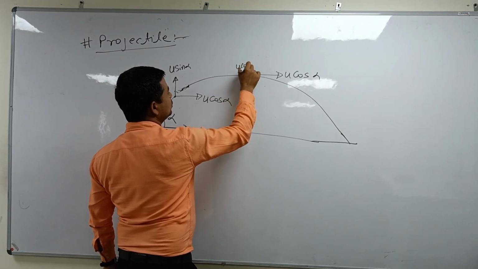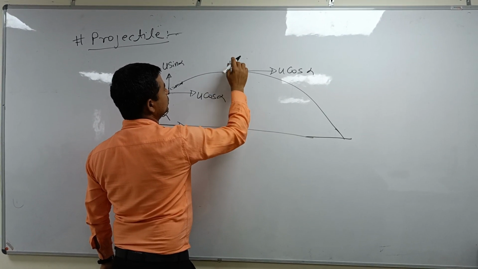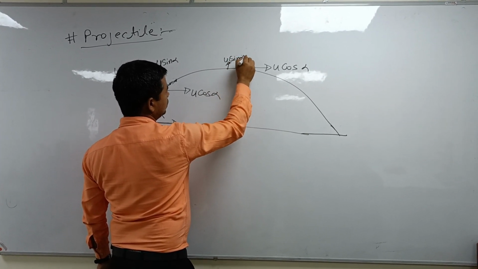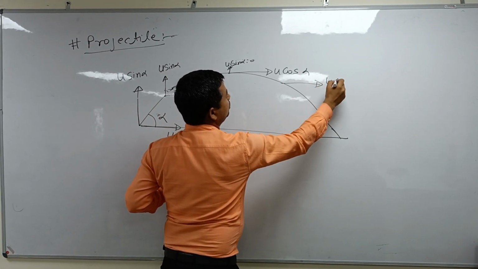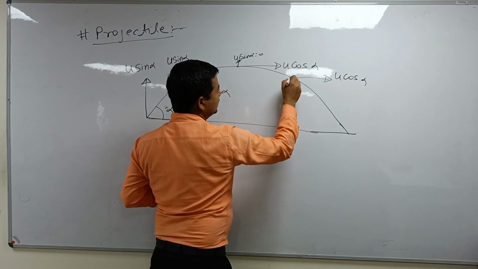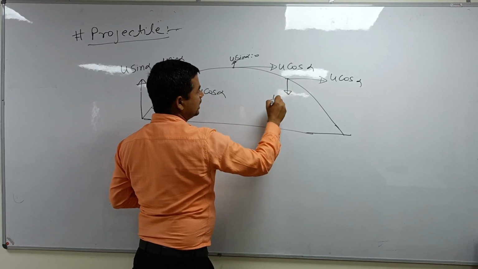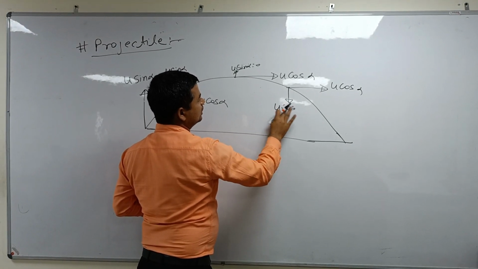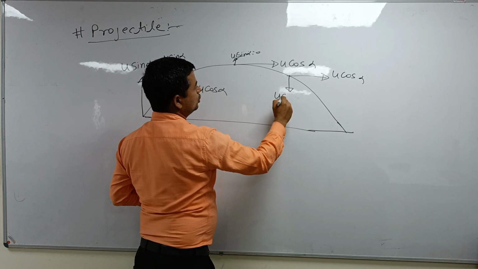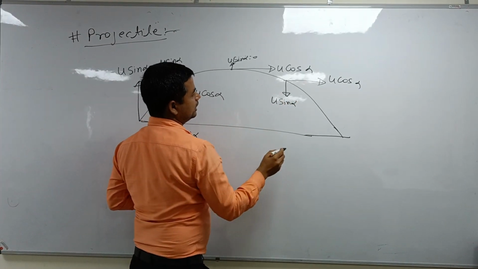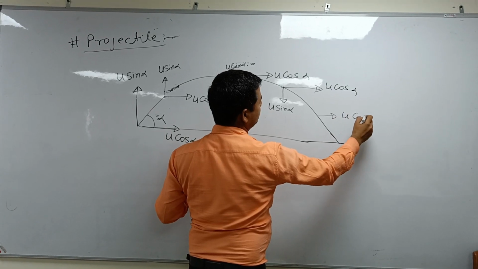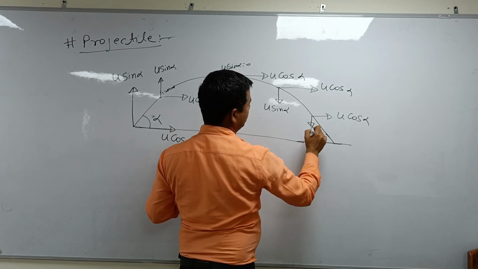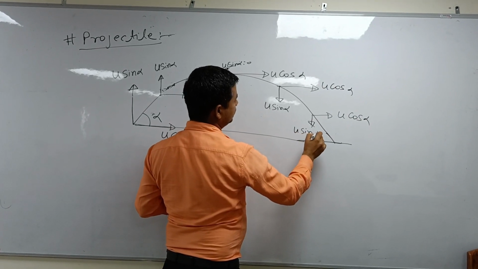After that, the vertical component increases again, with its direction now towards the ground, and at the final point we again have u cos alpha and u sin alpha. This is such a type of motion.